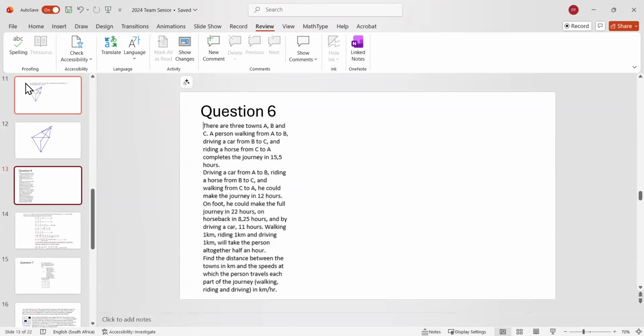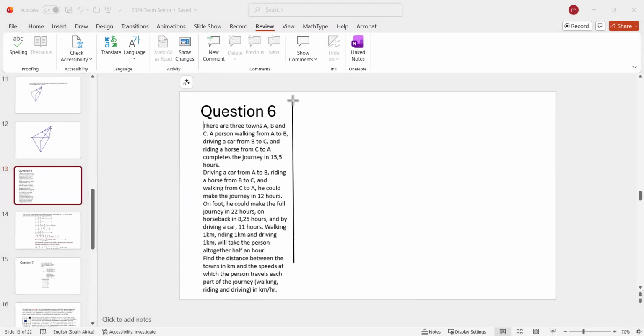All right, so let's read this question. I'm not going to read the whole thing one time because you'll lose everything. I'll forget everything by the time I get to the end. So let's just build this thing up. Right, there are 3 towns, A, B, and C. So let's draw the towns.